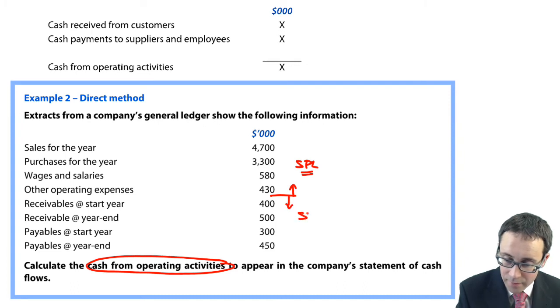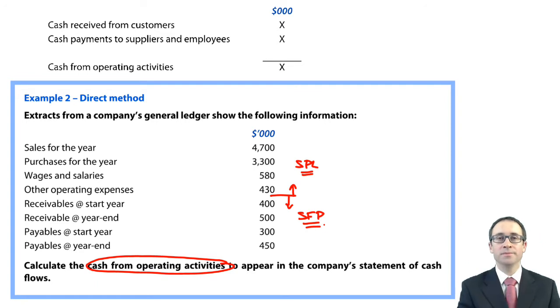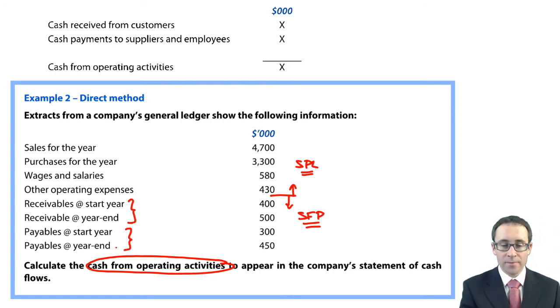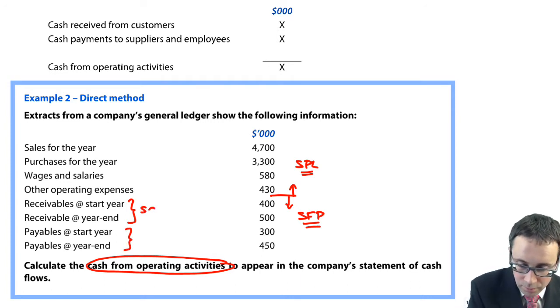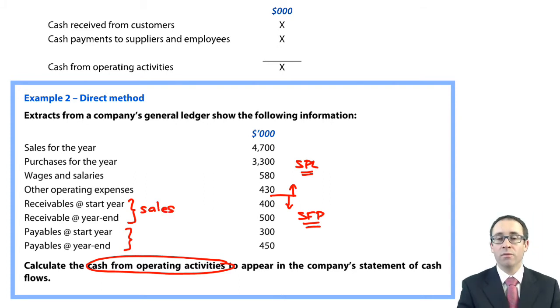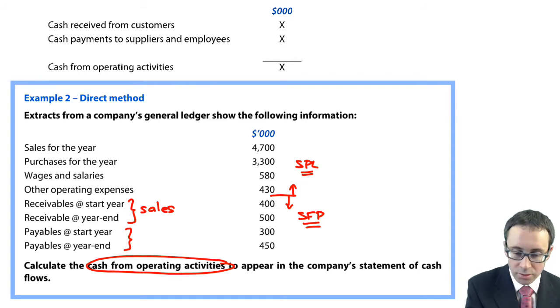And then beneath that, you have the figures from your statement of financial position. So you have your opening and closing receivables, and your opening and closing payables. Your receivables can be linked into your sales to work out the cash you've received from your credit customers.